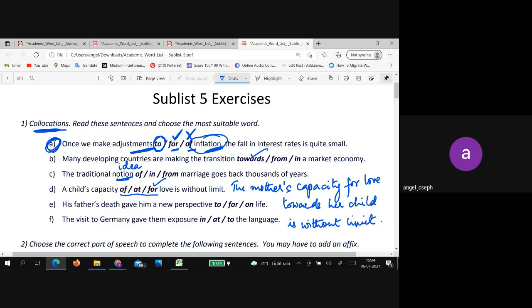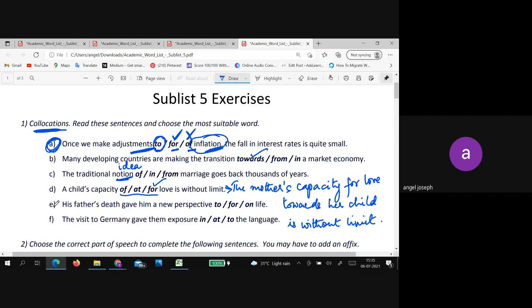Any mother, any child, the mother's capacity for love towards her child is without limit. From this sentence, I have given you just an understanding of another sentence. This is what I'm trying to say. You guys can create sentences for your own understanding through this particular exercise that we are doing. So keep that in mind.